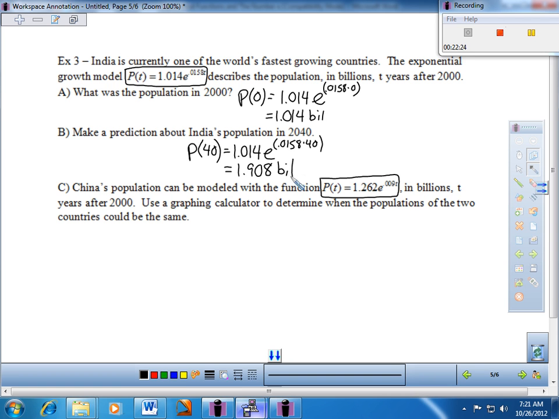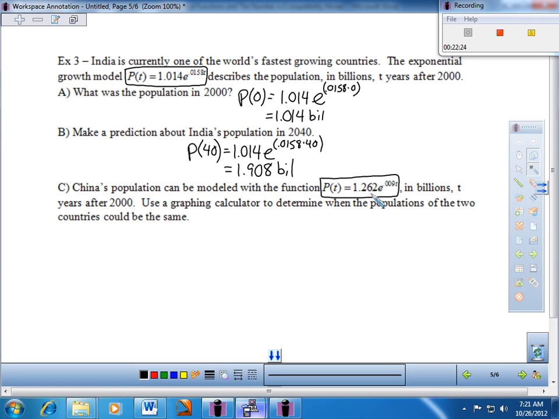Okay, so let's see, we've done A, we've done B. Now part of the concern about India's fast-growing population is that eventually it could potentially meet and exceed the population of China. So China, currently the world's largest population. Let's see, I have a model for that as well. I looked online and again kind of used 2000 as a reference year.